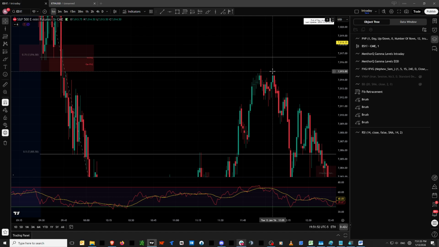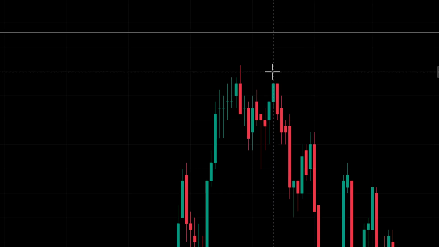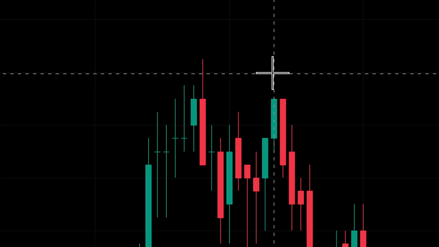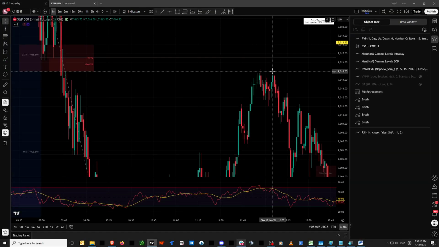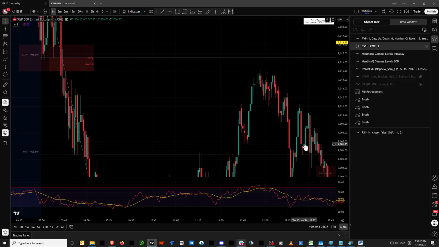That little red wick triggers the ICT setup. And it says, are you people still wanting to go short? And they said yes.